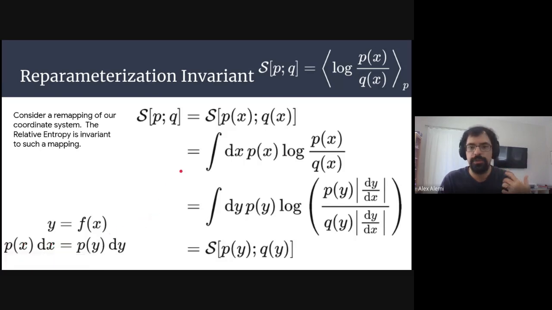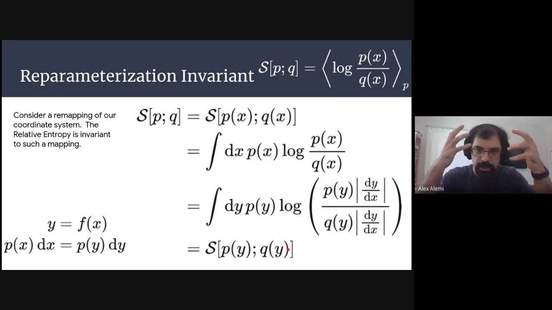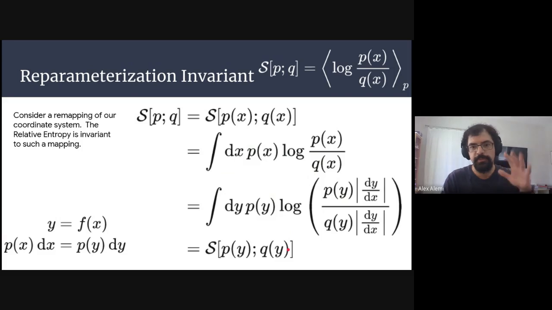So you get these Jacobian factors. And because we had this log ratio, that Jacobian term cancels out. And the formula for KL divergence or relative entropy is reparameterization independent. I don't want to belabor that, but I want you to believe me that a proper update in our belief function should be parameterization independent, and also believe me that our relative entropy formula is.